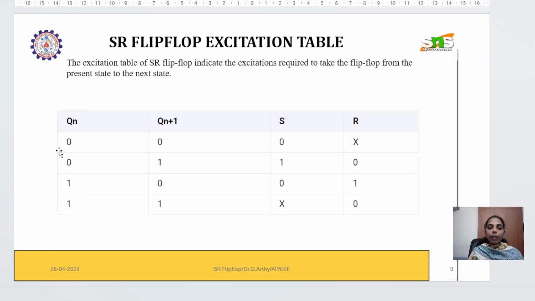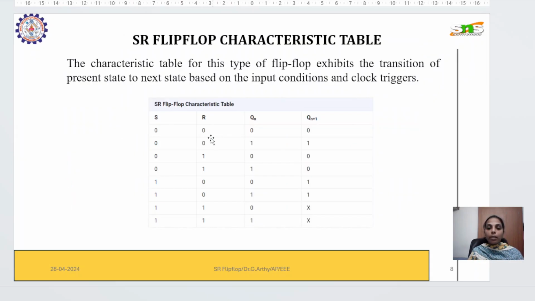When you see the present state is 0 and next state is 0, here we have two different combinations, that is 0 0. Here also the present state is 0 and the next state is 0. When we see S and R, in this case S is 0, R is 1.